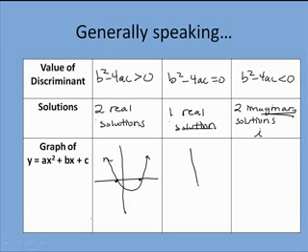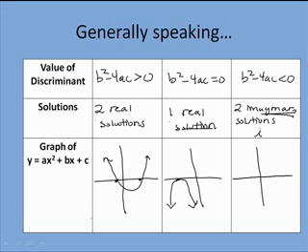If we have 1 real solution, if our discriminant equals 0, our graph is touching the x-axis in 1 spot. And again, that graph could be opening up or down. And if we have 2 imaginary solutions, then our graph isn't touching the x-axis and has no x-intercepts.